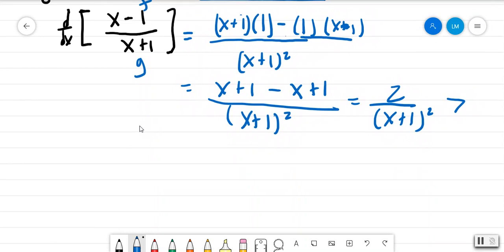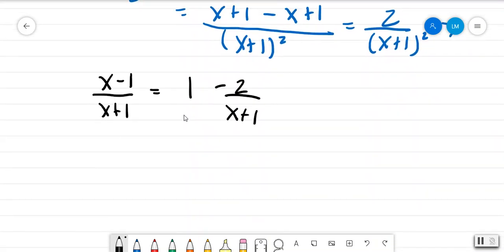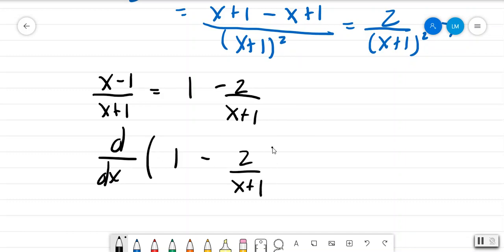Now, the one thing that I would recommend is trying to approach it from many different perspectives. So, for example, x minus 1 divided by x plus 1 is the same thing as, if you were to do the long division, you would figure out that that's going to be 1 minus 2 over x plus 1. Now, notice that basically we have the answer. Why? Because if you're taking the derivative of 1 minus 2 over x plus 1, well, we know that the derivative of 1 is just 0.